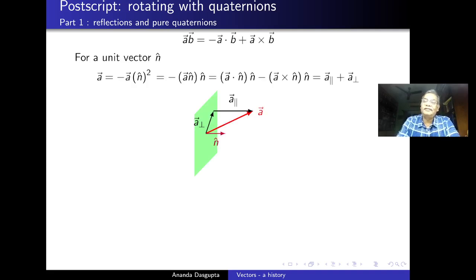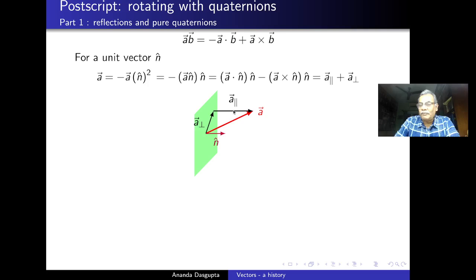So you can write this as A parallel plus A perpendicular. Note, we have drawn this vector A here, and let's say this n hat, and we have drawn a plane normal to n hat here. This is a plane in green. The component of the vector A in this plane and the component parallel to n hat, these two together add up to A.